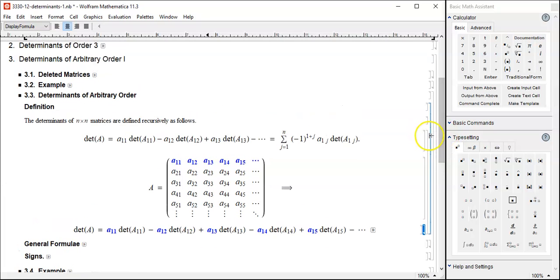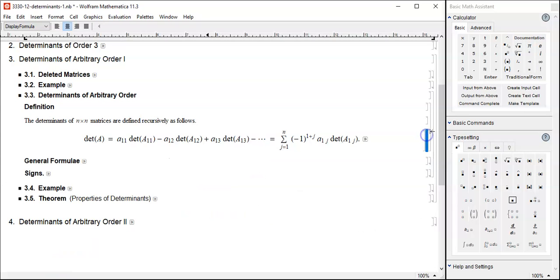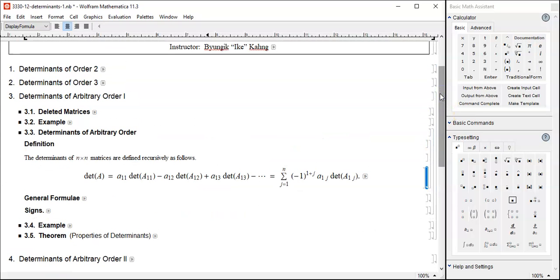And is this a well-defined expression of the determinant? The answer is yes, because this is a recursive definition. So determinant of order n is defined recursively using the determinants of order n-1. And those determinants of n-1 were defined in terms of the determinants of order n-2 and so on. So if you switch the order, then you can go back like this.